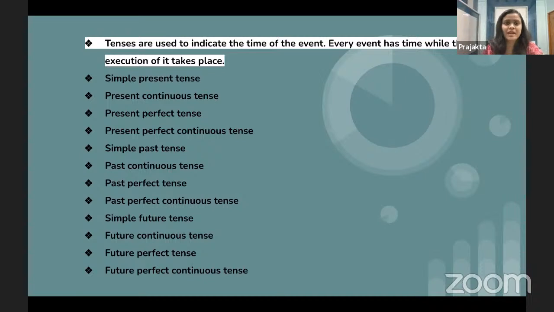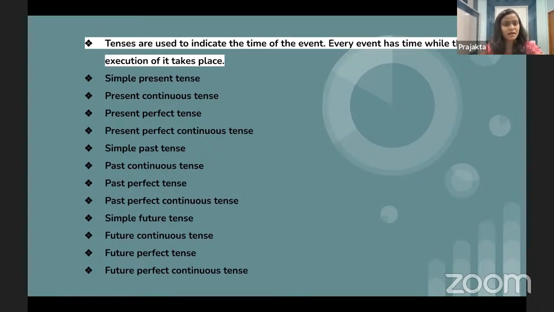Whenever any event or incident happens, there is a time, whether it is a definite time or an indefinite time, but everything happens on time. So tenses describe the time. Sometimes it describes a definite time, and sometimes an indefinite time.